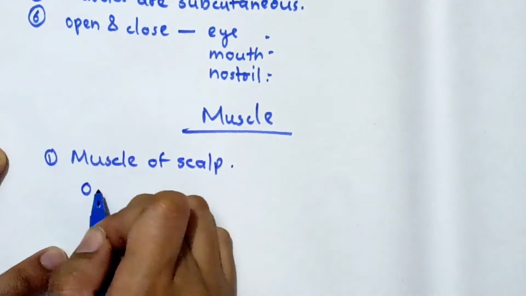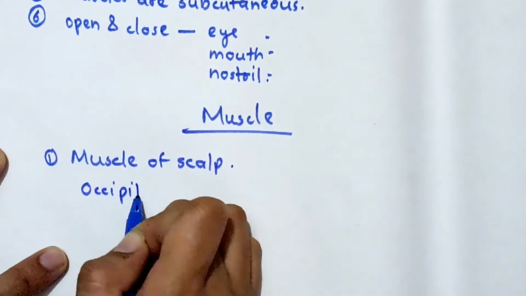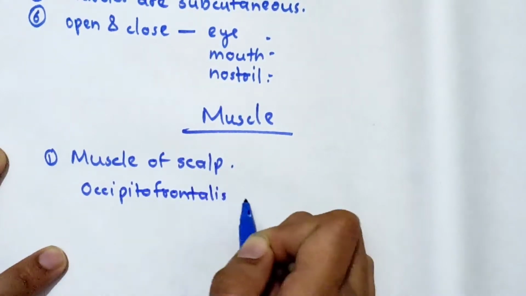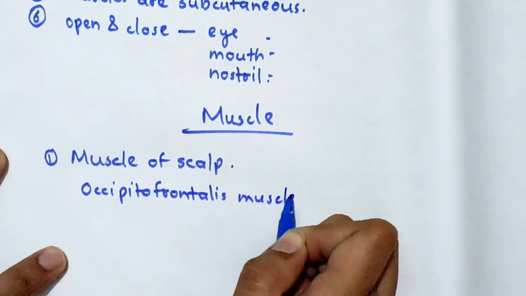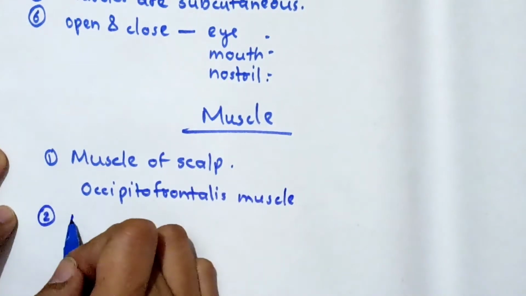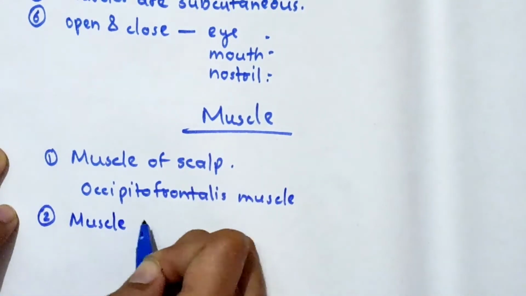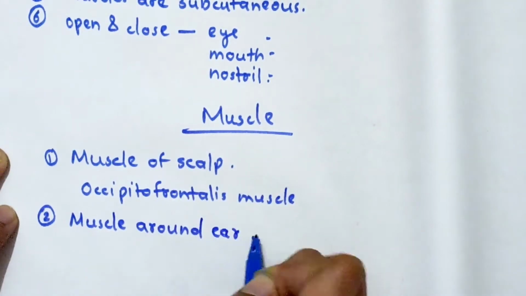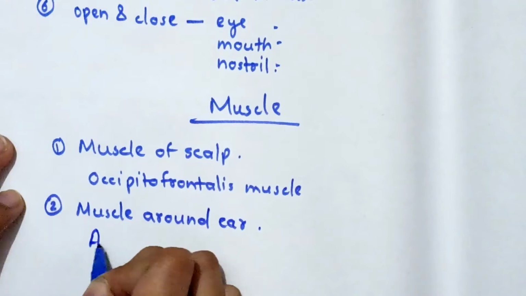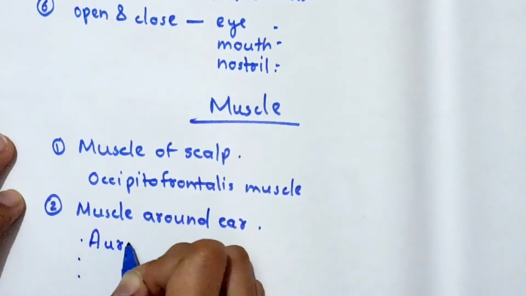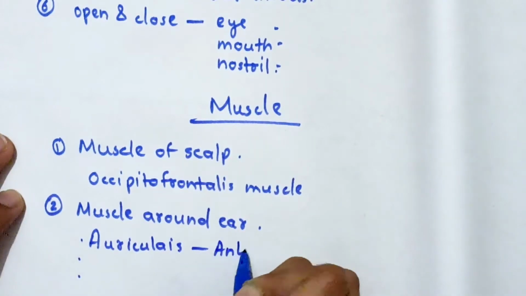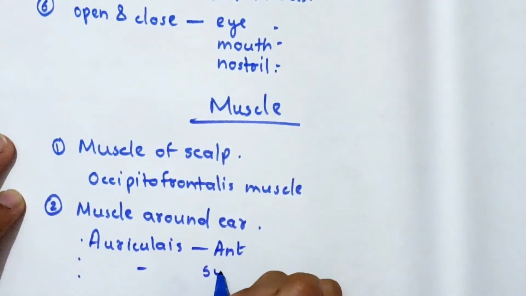Here we have the occipitofrontalis muscle. Then we have the muscles around the ear. We have 3 muscles here: auricularis anterior, auricularis superior and auricularis posterior.